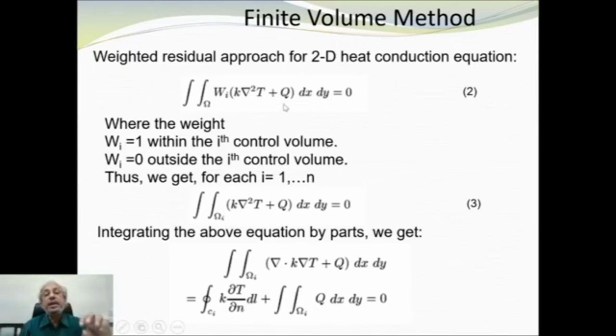This way it can be integrated in all small control volumes, while integrating Wi equal to 1 within the ith control volume, whereas Wi equal to 0 outside the ith control volume, when we are focusing on i. Thus we get the equations for each node i equal to 1 to n, and then we use the additive property to assemble these equations.